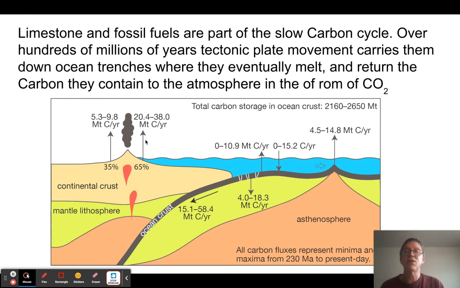And it tends to come out of volcanoes as carbon dioxide completely. So it came in here hundreds of millions of years ago, got turned into either oil or limestone. And over the slow movement of these plates, eventually it went down here and melted, and hundreds of millions of years later, it comes back up as carbon dioxide. No wonder it's called the slow cycle.